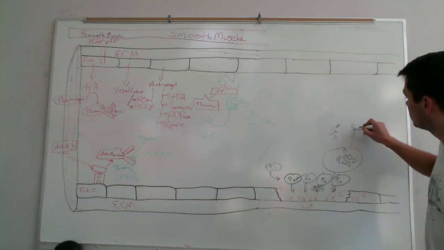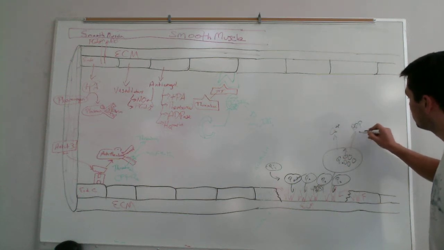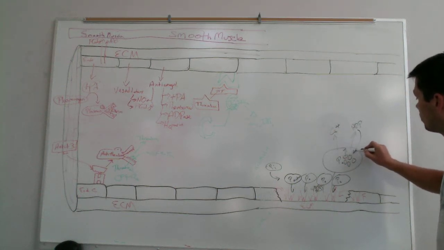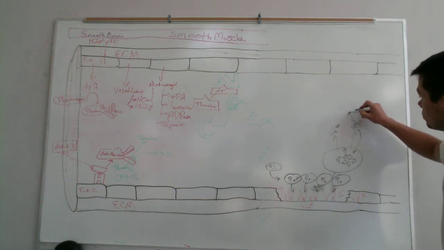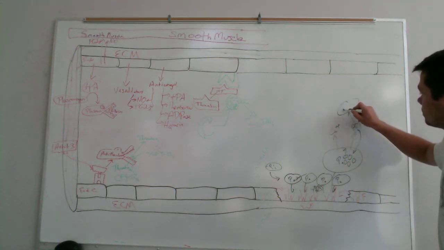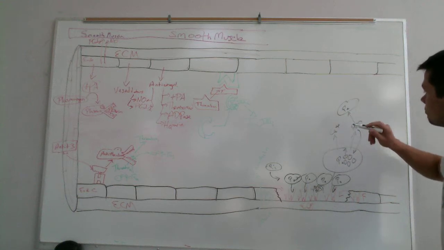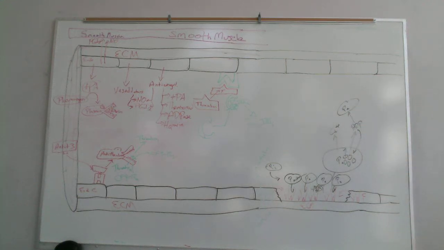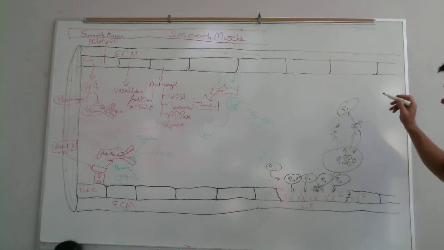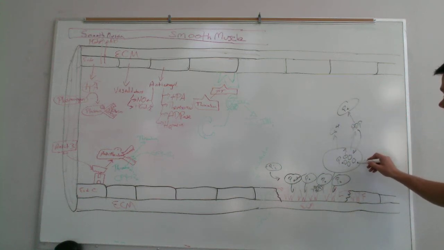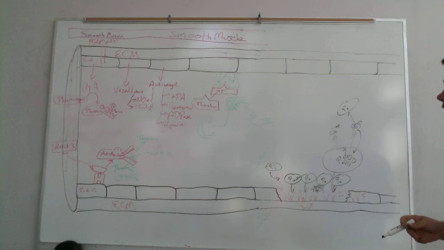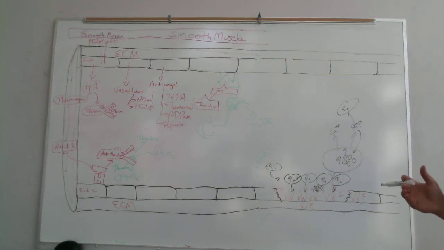ADP is released, and ADP acts on itself and in the recruitment of other platelets. It recruits and activates other platelets, and it does this recruitment along with another molecule, which is, what is it?